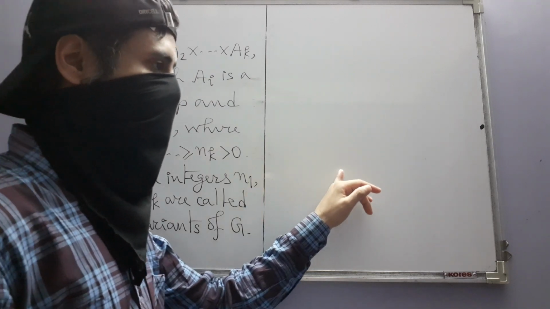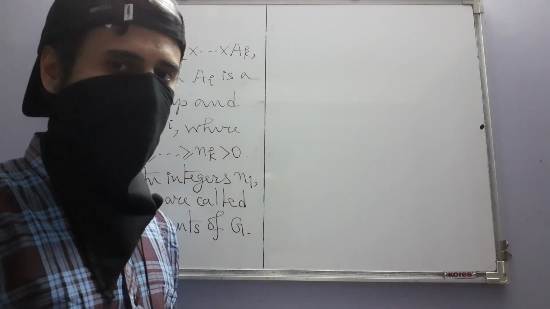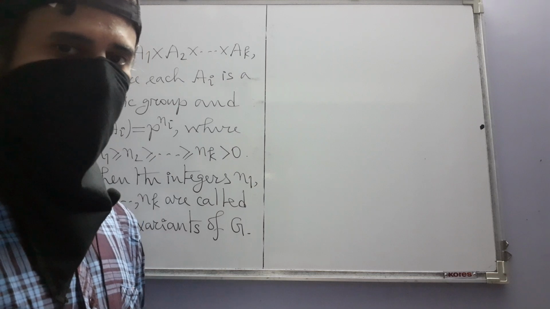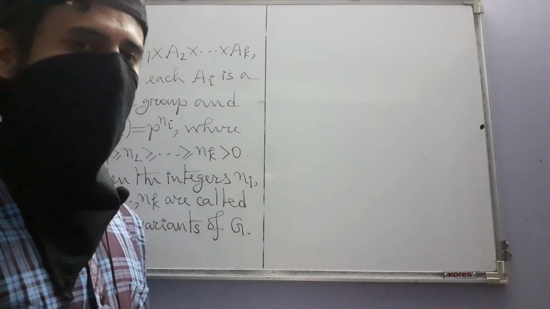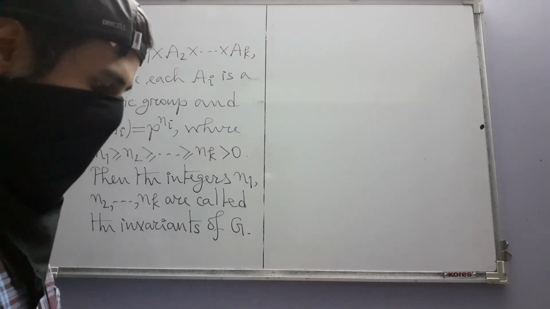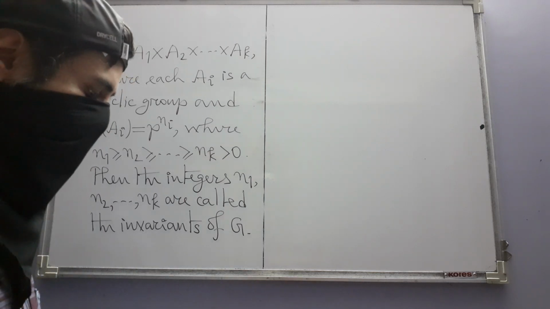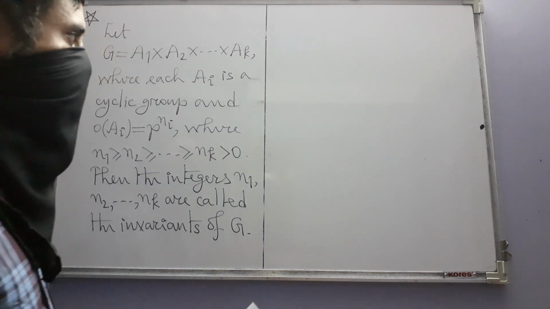Nor are the generators of those cyclic groups unique. Well, this is something we already know, because a cyclic group may have many generators. But before we write that, let us see one more thing.